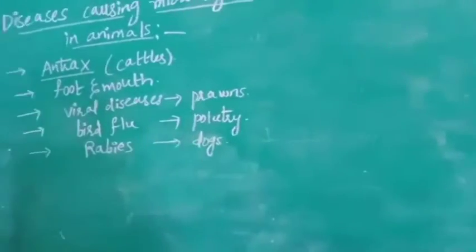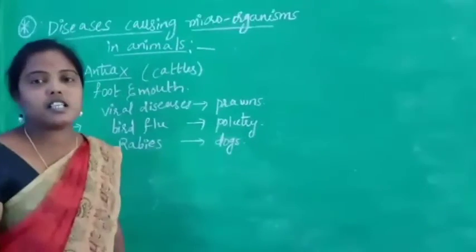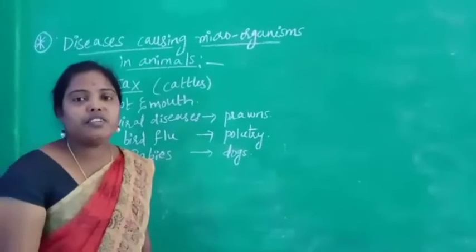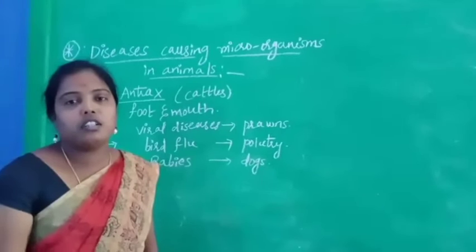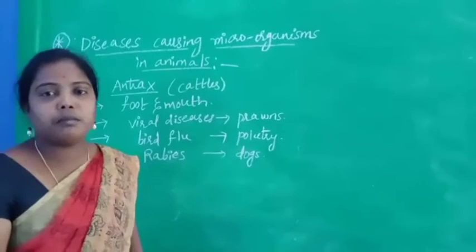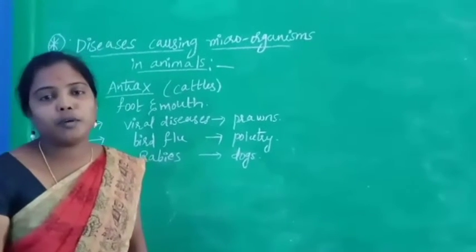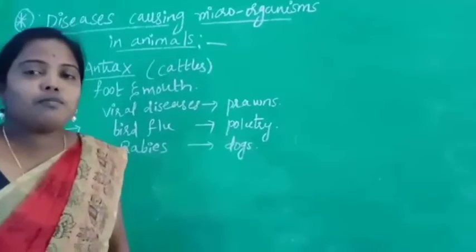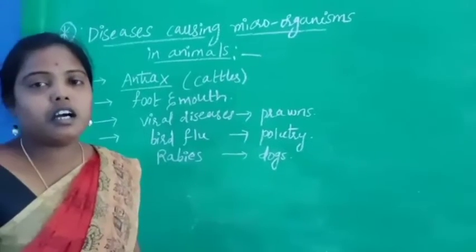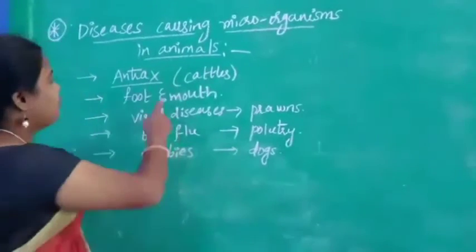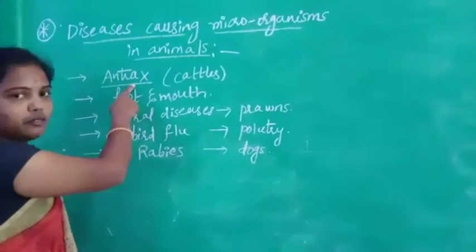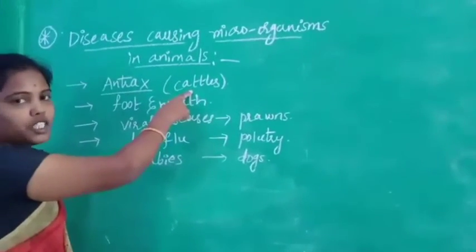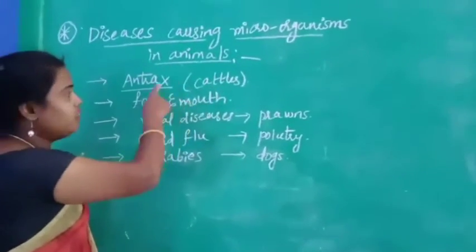Children, not only these, many diseases affect different types of animals. In the previous class we discussed different types of microbial diseases in human beings, but today our class is about microbial diseases in animals. First, anthrax, a disease caused in cattle, meaning goats and sheep are affected by anthrax.